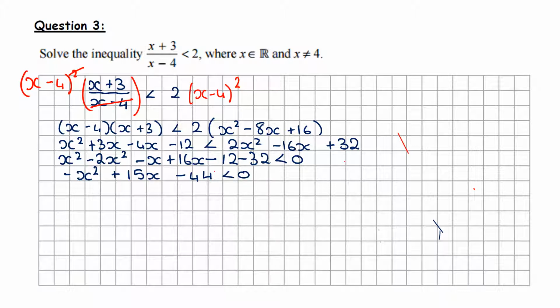Now, when we're dealing with quadratic inequalities, it's generally better always to deal with the positive. So at this point, we're going to change the signs. But when we change the signs, we also need to remember we have to change the inequality.